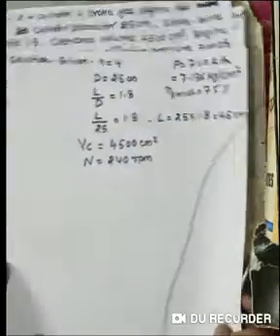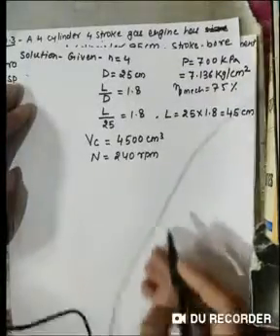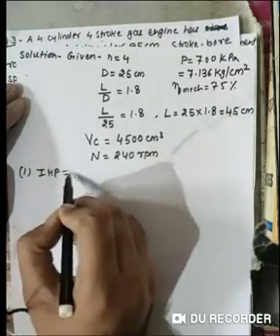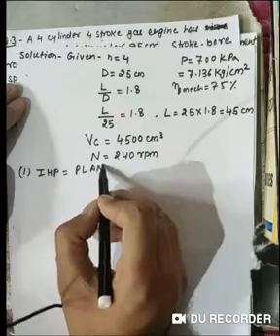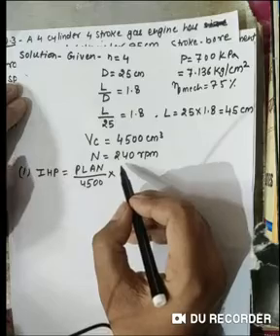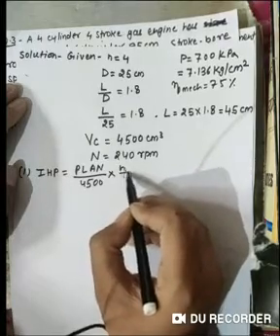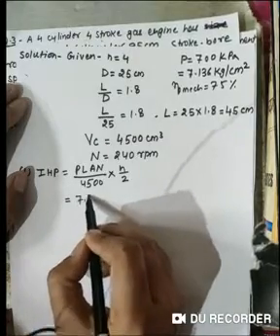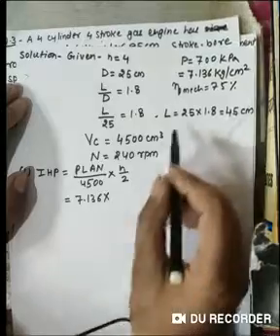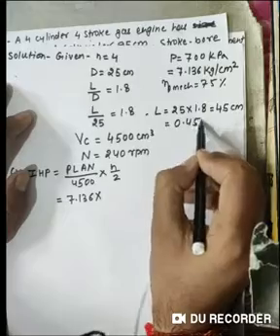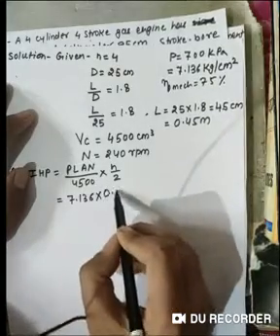As the questions were solved in the previous way, number 1 is IHP. Formula is PLAN upon 4500 multiplied by, because it is 4-stroke engine, so n by 2. So value of P is 7.136. Value of L is 45 centimeter, so convert this in meter, 0.45 meter.